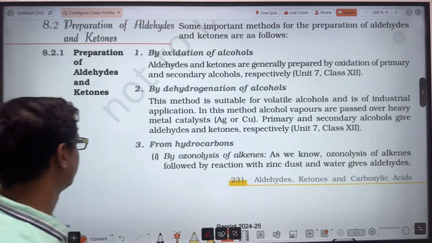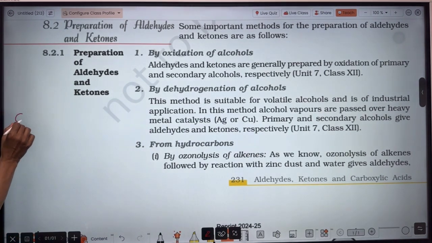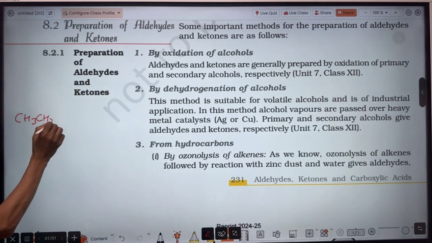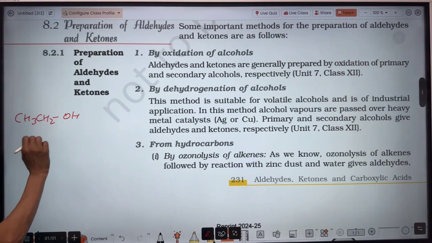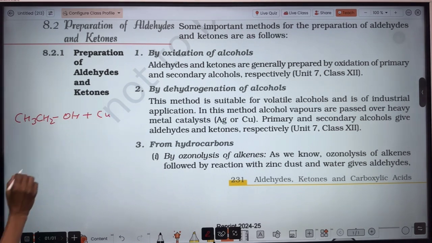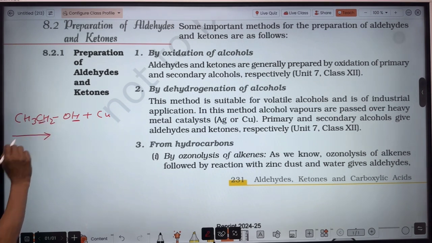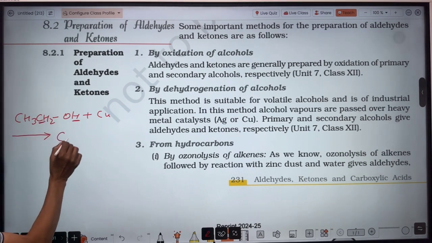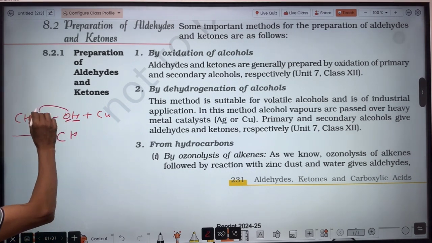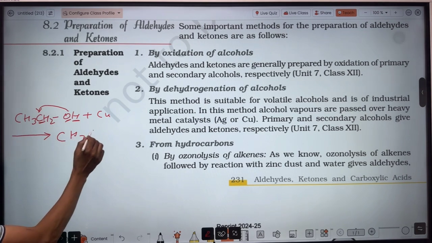So here the 1-degree alcohol, when treated with copper or silver, this hydrogen is removed, and from here hydrogen will be removed. So this oxygen will form a double bond to this carbon. So the compound becomes this.